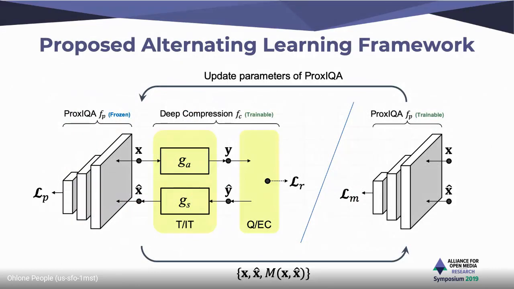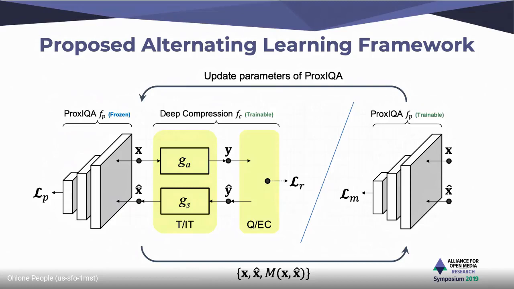So now I'm gonna introduce how I solve this problem. On the left-hand side, it is the same as what I just presented, where I combine a ProxIQA network, which is a proxy of VMAF, and a deep compression network, and I want to use it as a loss function.